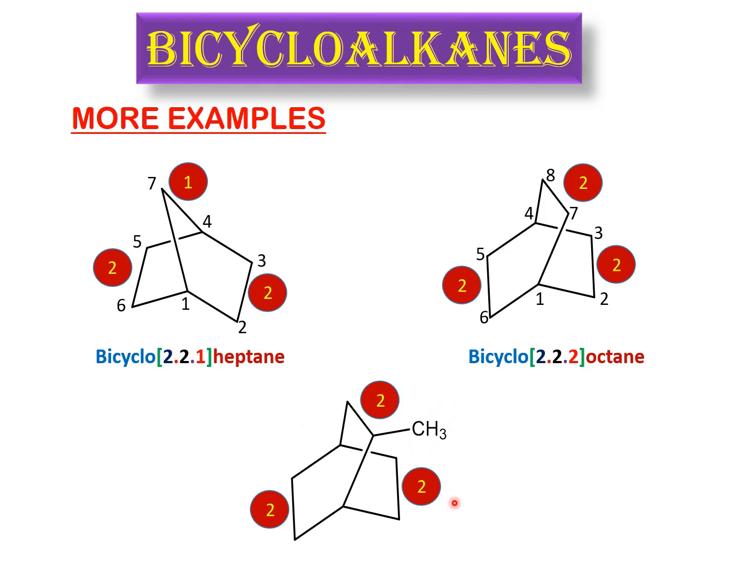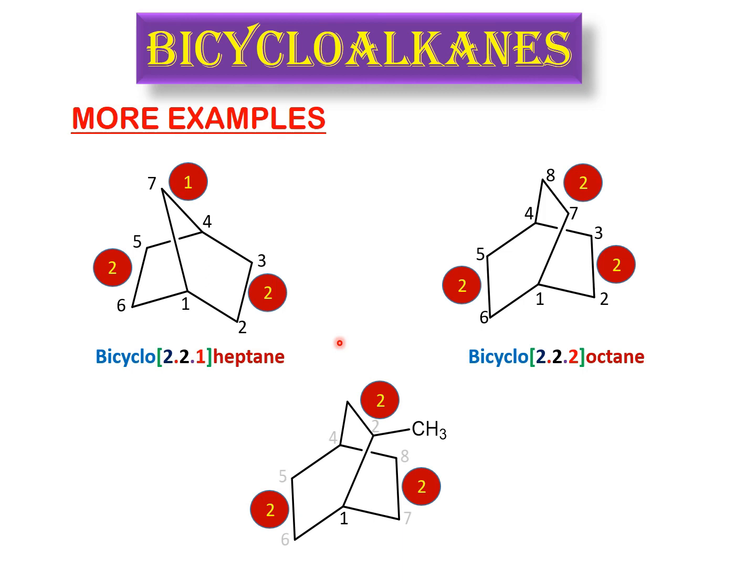So the first rule is gone. The second rule is that you have to look for the lowest position of the substituent. So if you start from here and you proceed in this direction, the CH3 group will fall at 1, 2, and 3. But if you start from here and you proceed in this direction, CH3 will fall at 2. So you have to start from here and then you proceed in this direction, right?